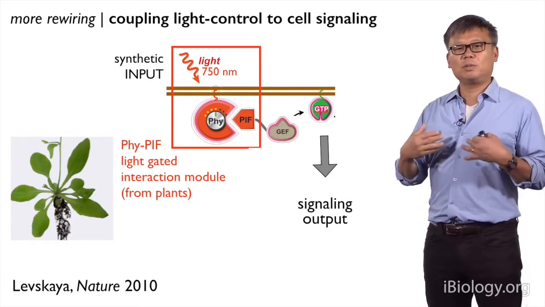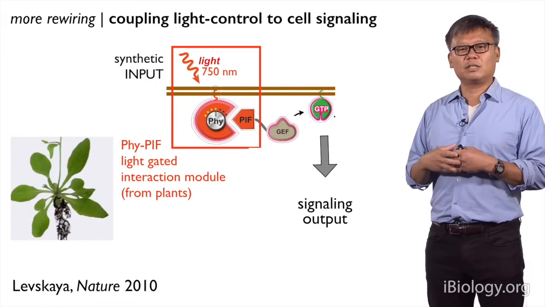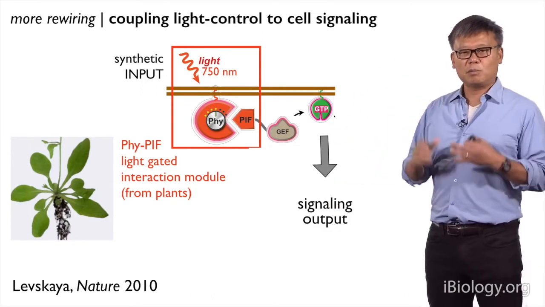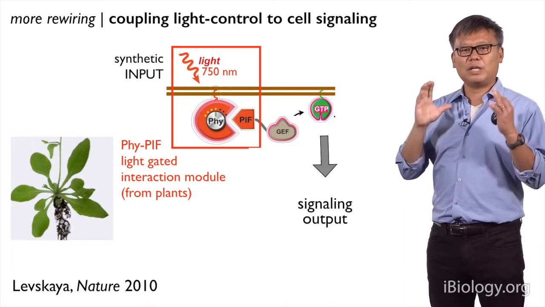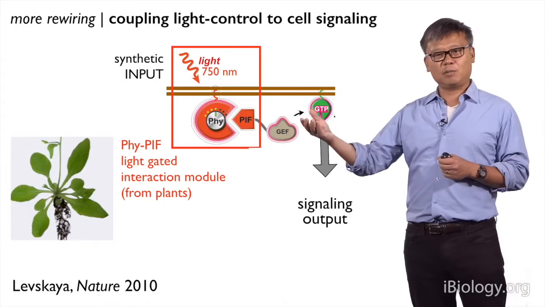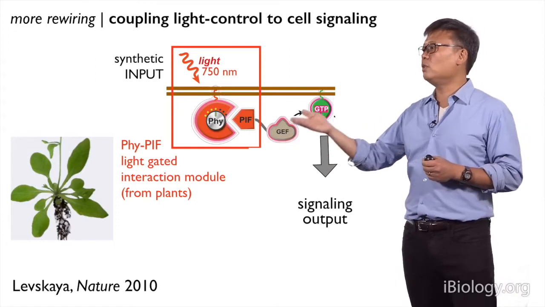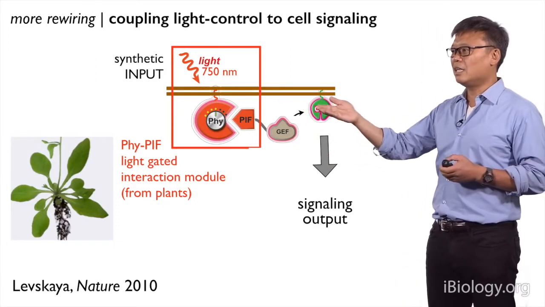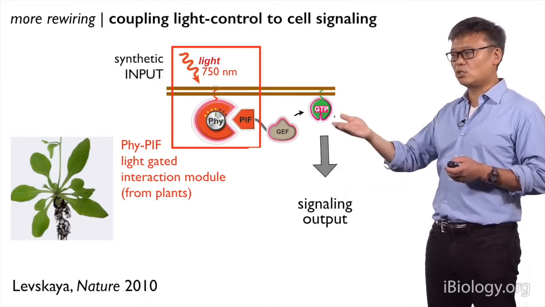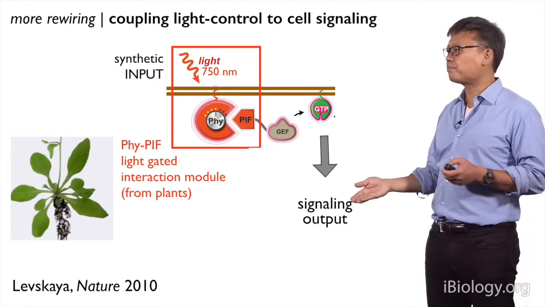So we asked, could we actually replace many of those interactions? Oftentimes, the catalytic domain will be recruited to an activated receptor, but could we replace that receptor now with this light-responsive protein from plants and recruit catalytic domains, for example, this GEF, to the plasma membrane where it could act on its target GTPase and lead to signaling output? Could we actually control the cell now with light?